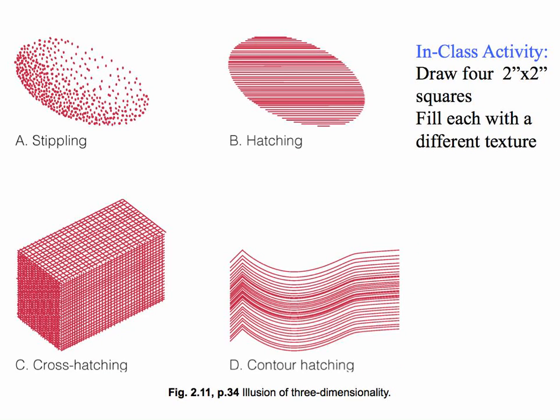B shows hatching of the same shape, and you can see the more even hatching makes it look much flatter than it does in A. C shows cross-hatching, which creates the illusion of a rectangular prism, and then D shows some contour hatching, where the lines are parallel but curved. So, as an in-class activity, take out your paper and draw 4 roughly 2x2 squares and fill each with a different kind of texture.